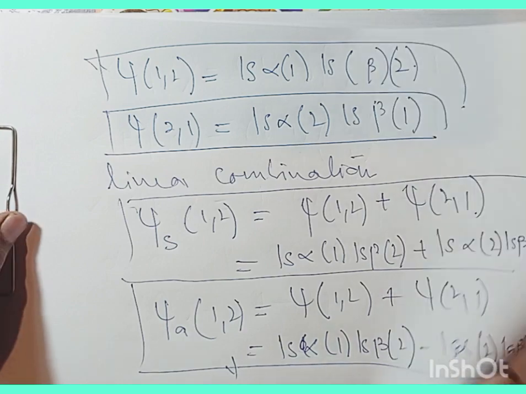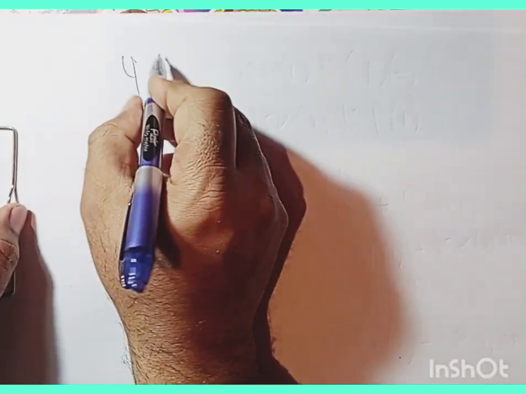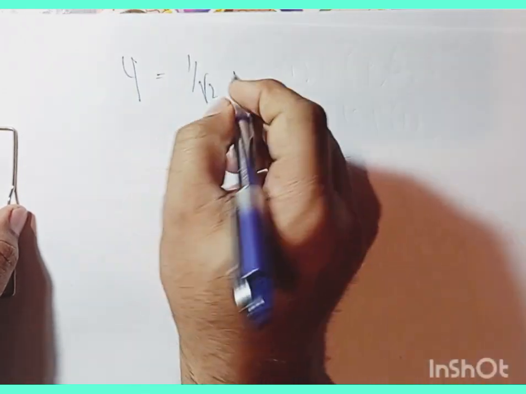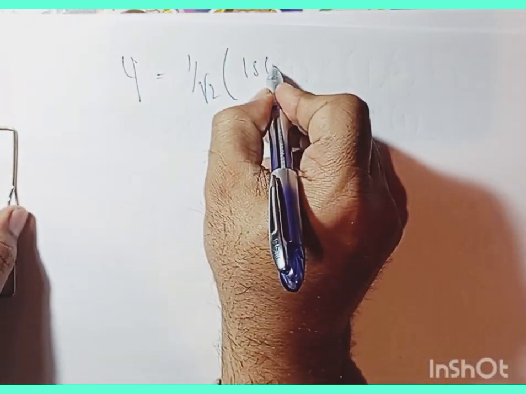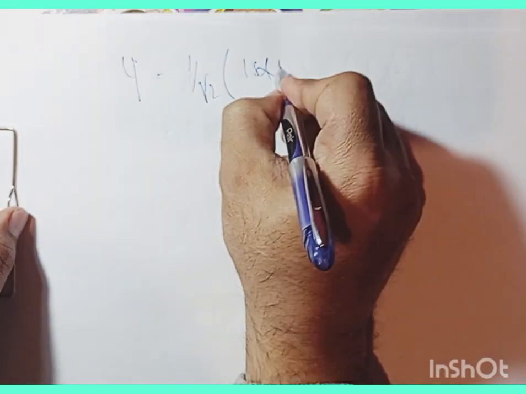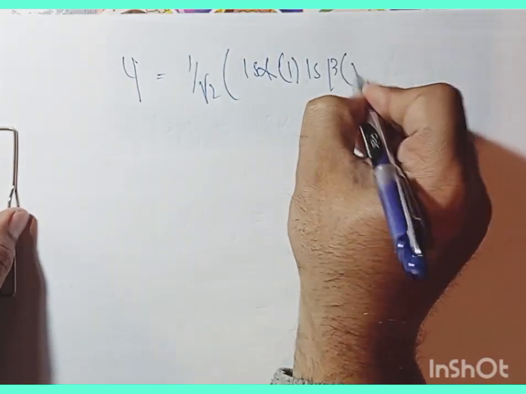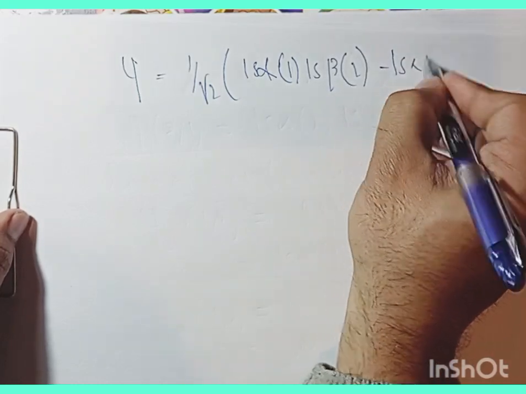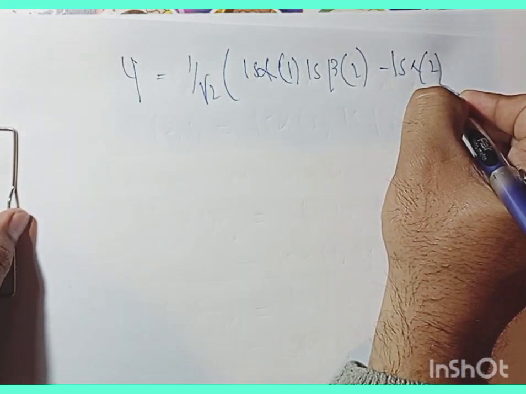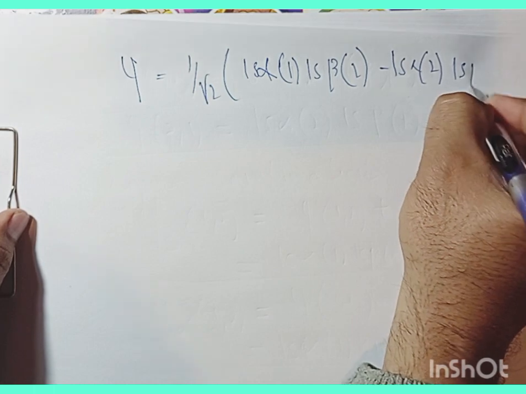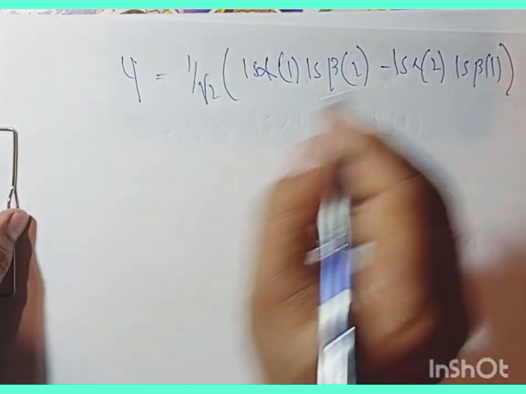After normalization, we obtain psi as 1 by root 2 times 1s alpha of 1, 1s beta of 2 minus 1s alpha of 2 and 1s beta of 1.